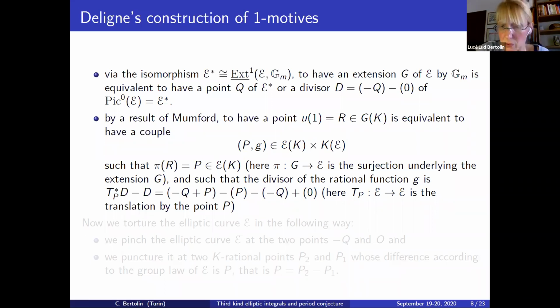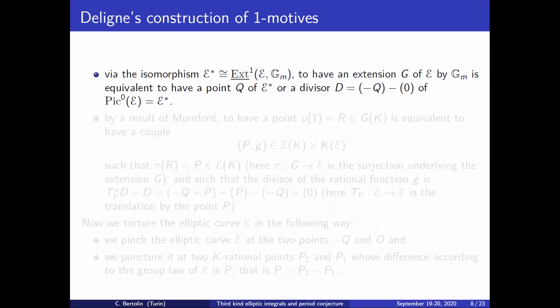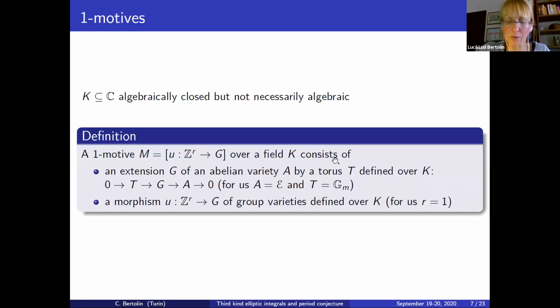The point R that you need to define if you want to have a 1-motif is equivalent to having a point P on the elliptic curve, such that the projection of R in A via this surjection that you have, because G is an extension of A by G_m, is just P. It is the point that appears in the definition of the 1-motif. A 1-motif is an extension of an elliptic curve by G_m, and then you need a morphism u, and this morphism u corresponds to a point R on G, because u of 1, the generator, is our R. Excellent, thank you.